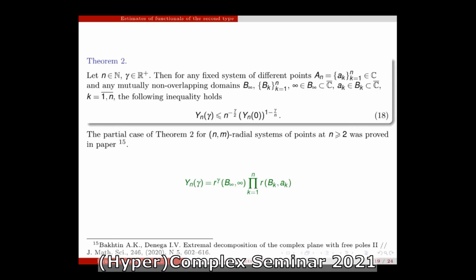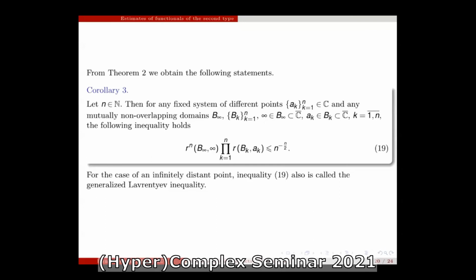The partial case of Theorem 2 for n-radial systems of points at n greater than or equal to 2 was proved in paper 15. From Theorem 2 we obtained the following statement.